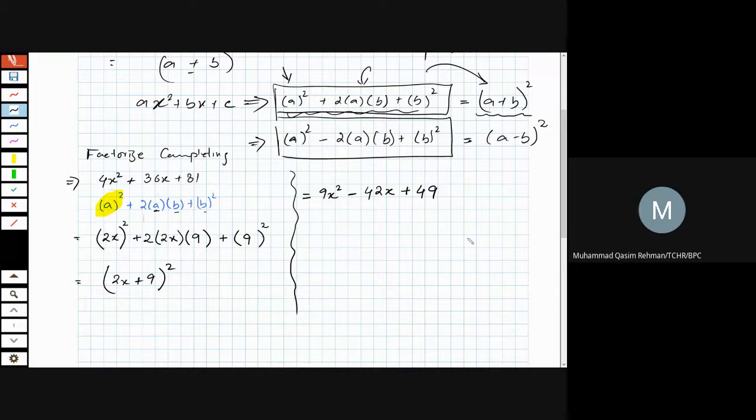Iman, share your answer. Okay, anyone would like to share the answer? Asna, yes, sir. I would like to. 3x minus 7 whole square. 3x minus 7 whole square.